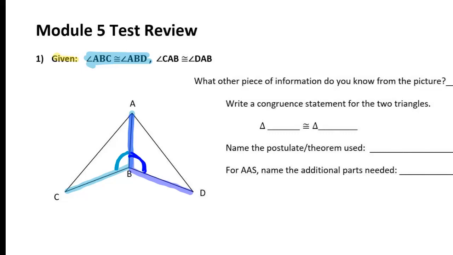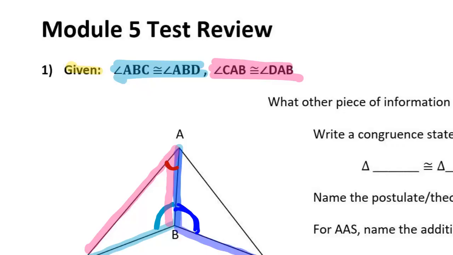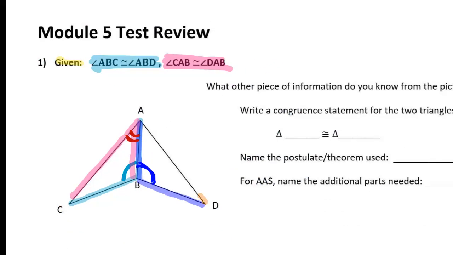Those two angles are congruent. And then it also says that angle CAB, so this one up at the tippy top, right here, is congruent to angle DAB, the other side of that tippy top angle.